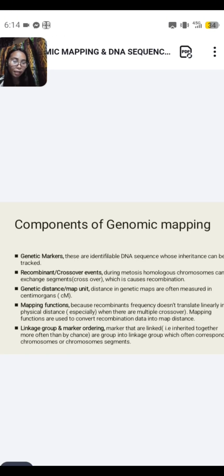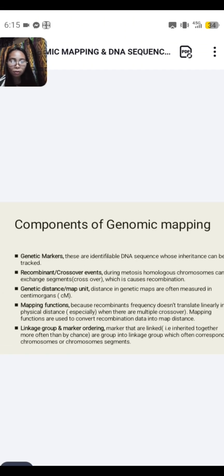Then the second one is the recombinant or crossover event. During meiosis, homologous chromosomes can exchange segments, or crossover, which causes recombination.